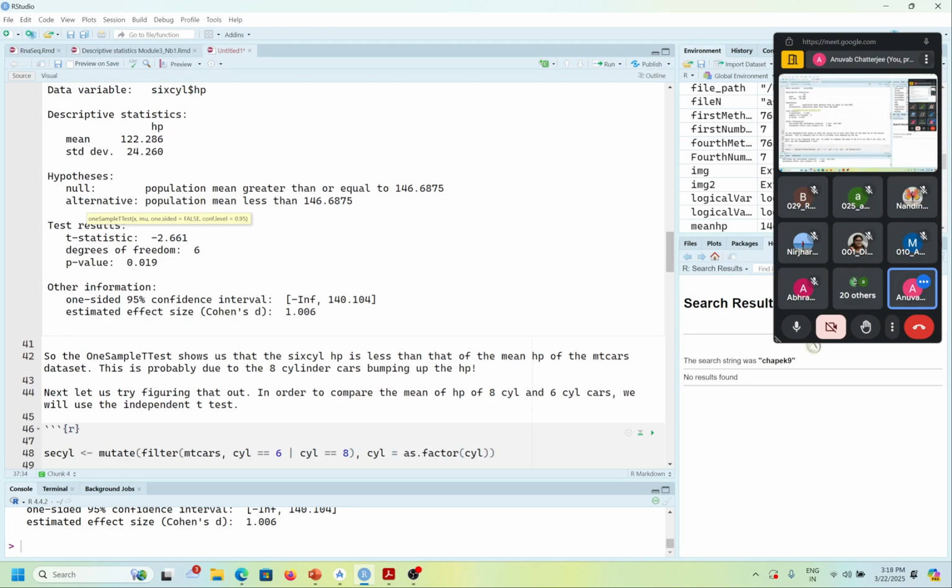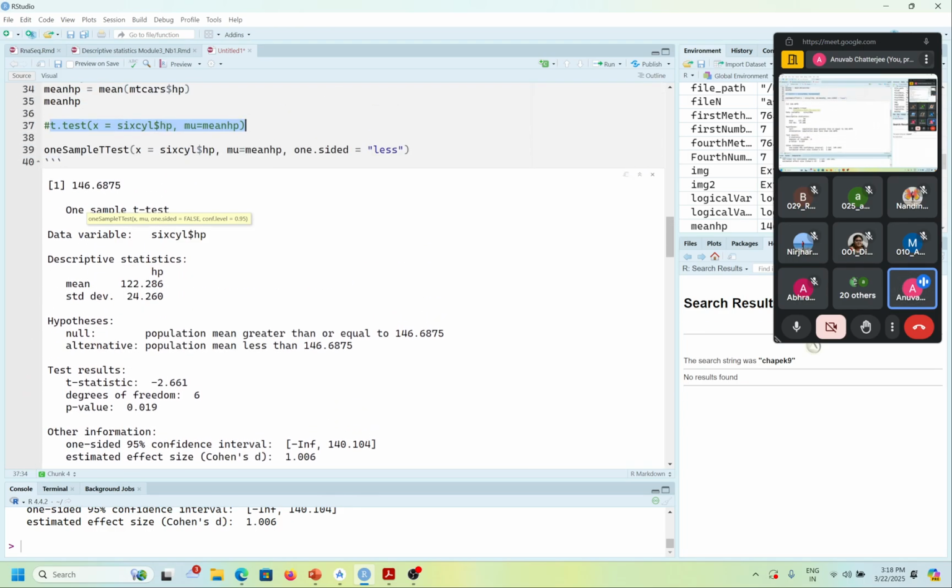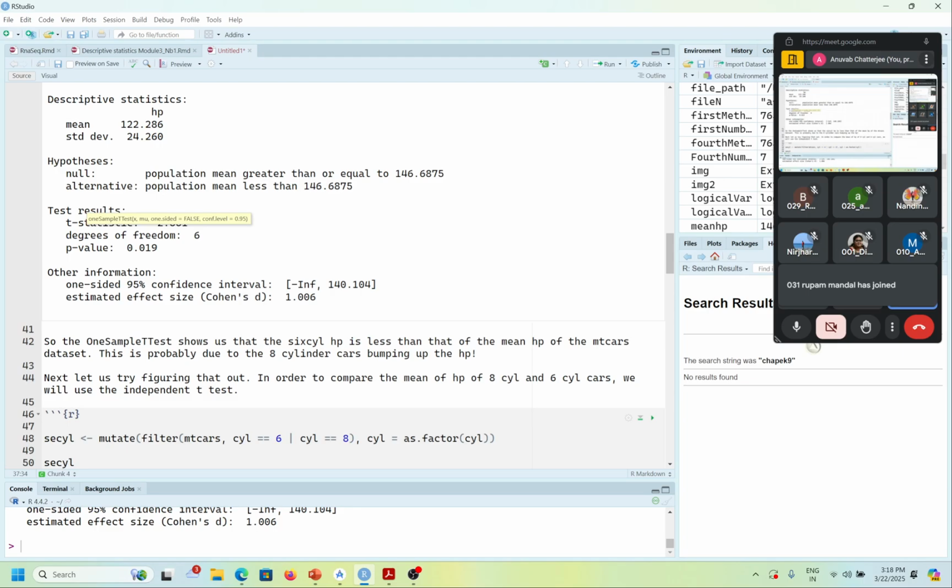Very good. So we backed up the 6-cylinder cars, and it seems they actually have less HP than the entire population. But why would that be? One reason could be that there are also 8-cylinder cars in the mtcars dataset. Maybe the 8-cylinder cars are beating the 6-cylinder cars so badly that the population mean is actually much more than the 6-cylinder mean.